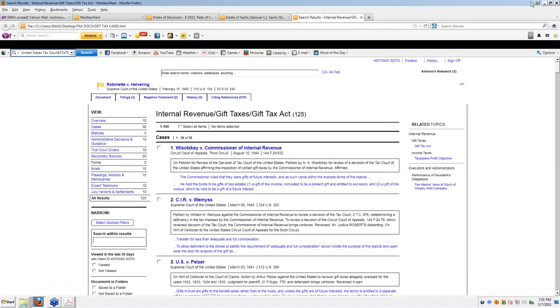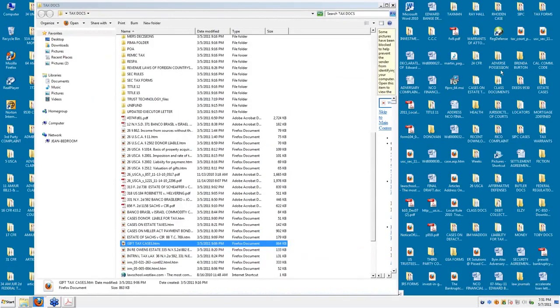It says that the donor can make the donee pay the tax. If you order him to pay it, he has to pay it. Okay, I'll just remind you of this 88 Tax Court 769 case.